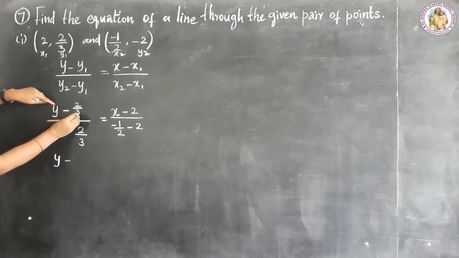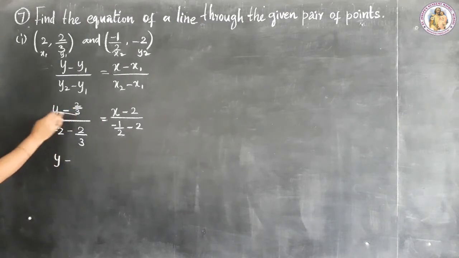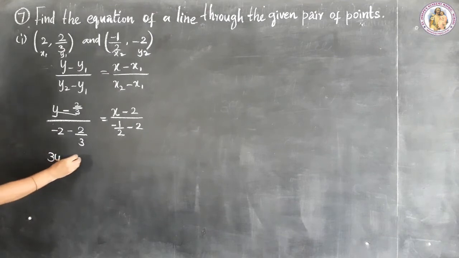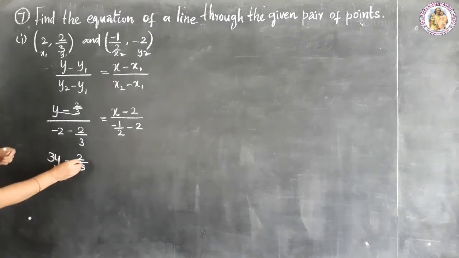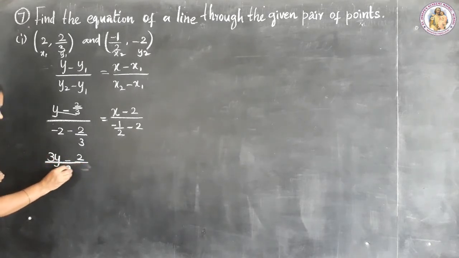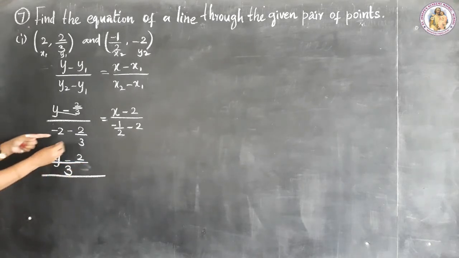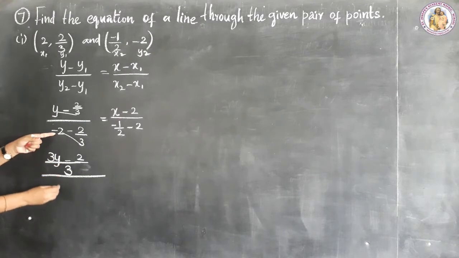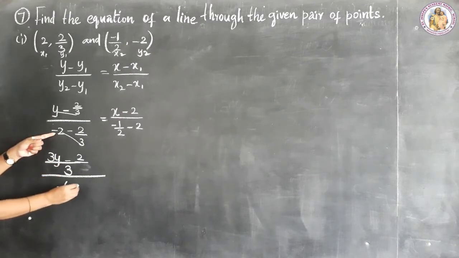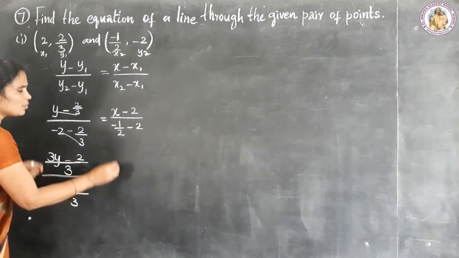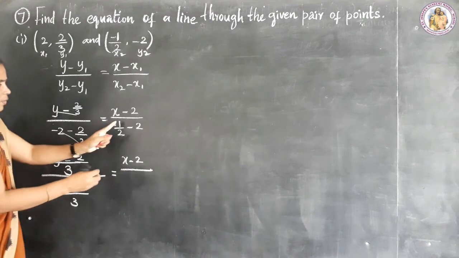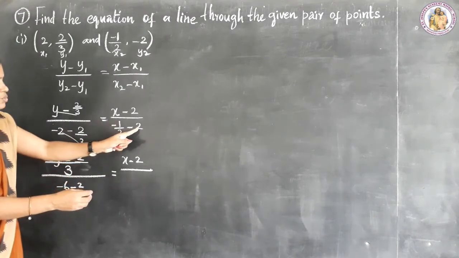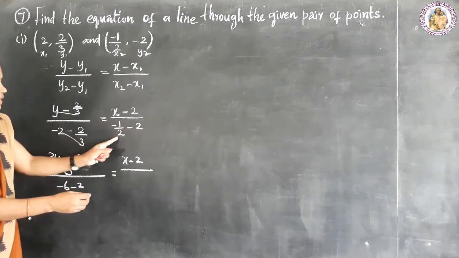Now write y minus 2 by 3. Cross multiply: 3 into y, 3y minus 2 by 3, divided by, cross multiply, 3 2s are 6 minus 2, divided by 3, is equal to x minus 2, divided by 1 minus 1 by 2 minus 2. 2 is a whole number and 1 by 2 is a fractional number.